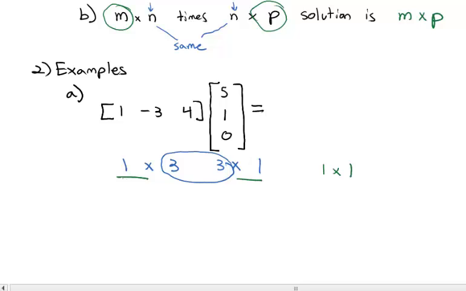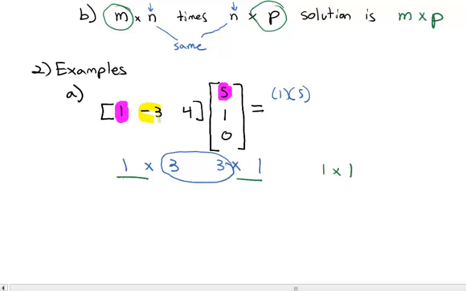As we do this, we are going to multiply the row times the column. So as we multiply, the first entry in the first row times the first entry in the first column. That is 1 times 5. Okay?